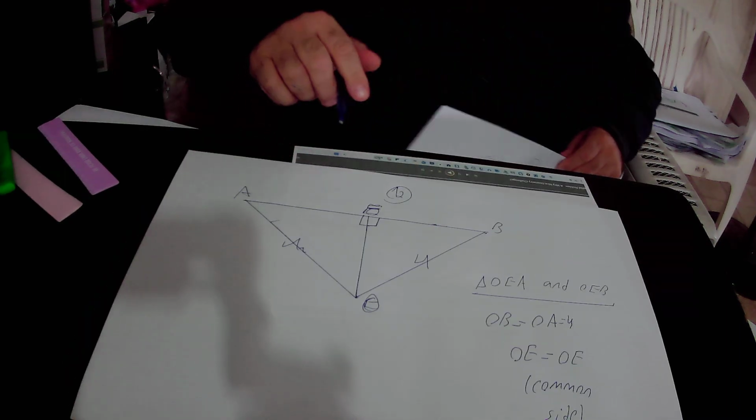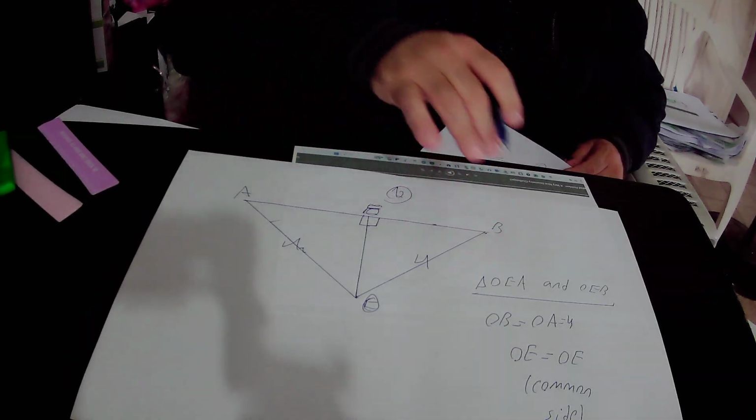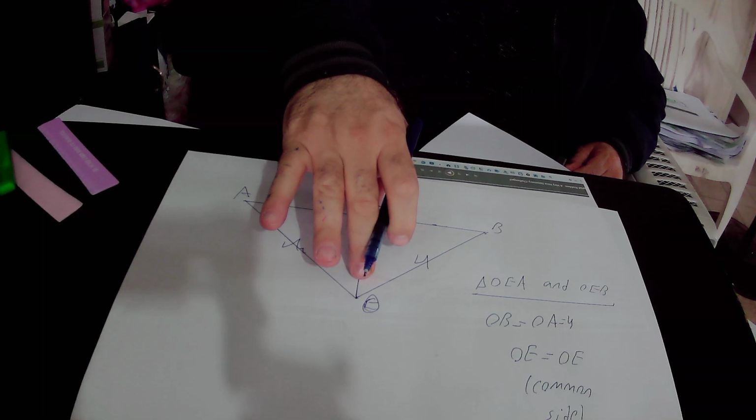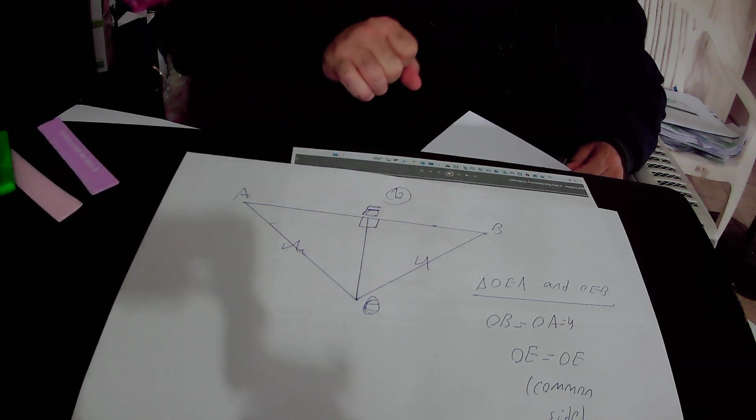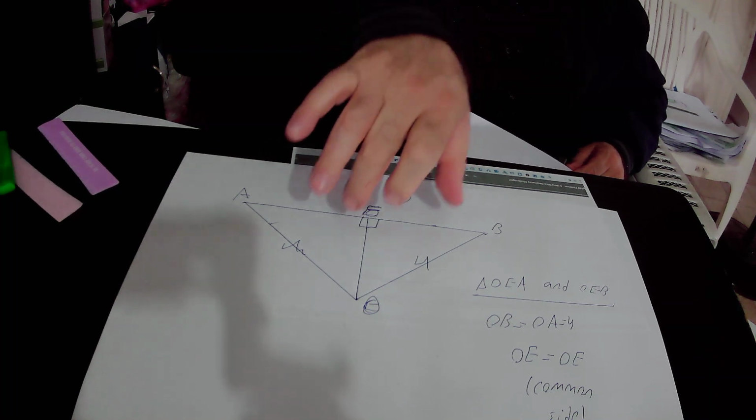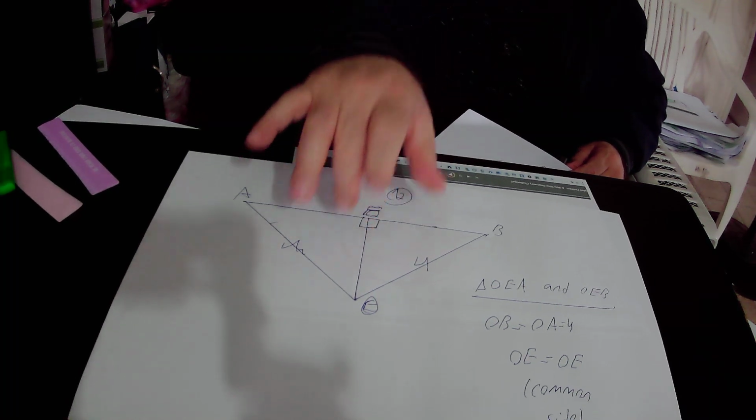Okay, we actually proved that the hypotenuse and a perpendicular in those two right triangles are congruent to each other. Therefore, we proved that those two triangles are congruent to each other.